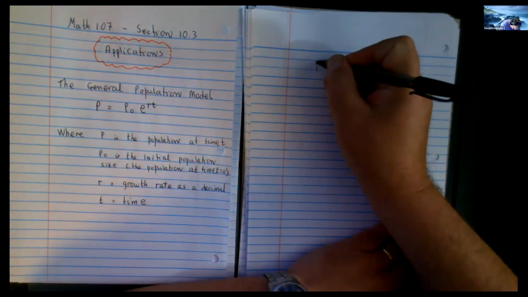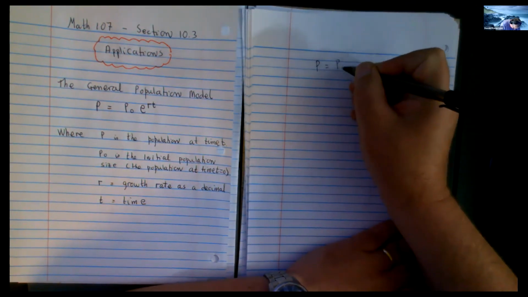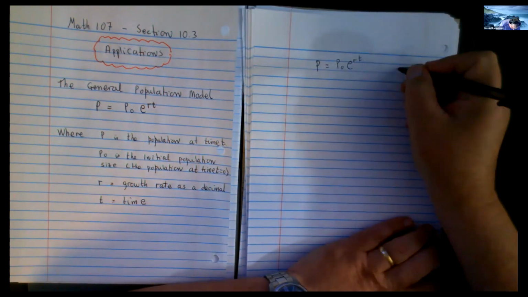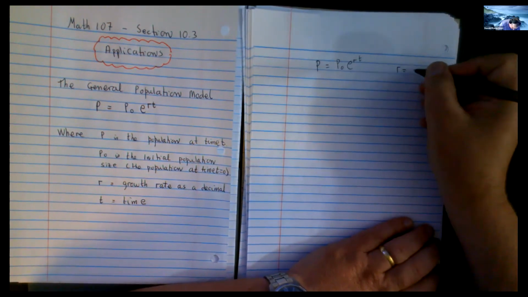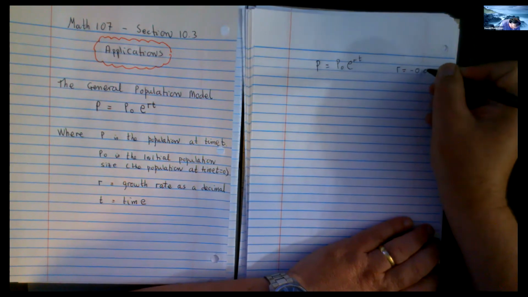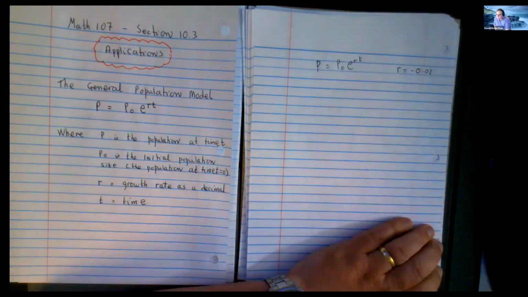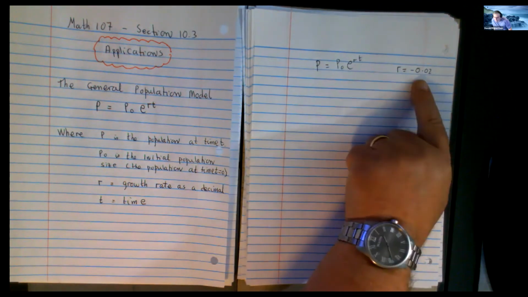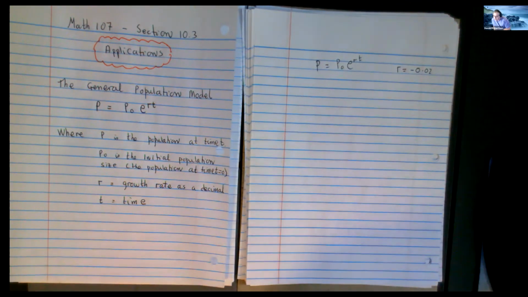Well, it looks like this. So what's the difference? The growth rate will be a negative number. So if the R value is a negative number, it's not actually a growth rate anymore. What's in fact happening is the population is going to go down.